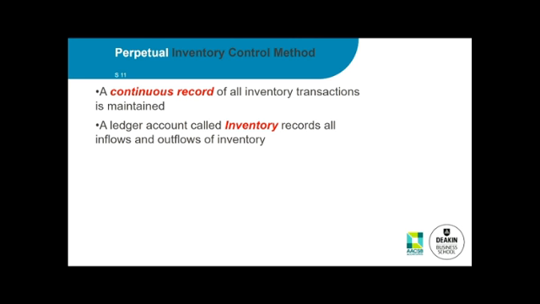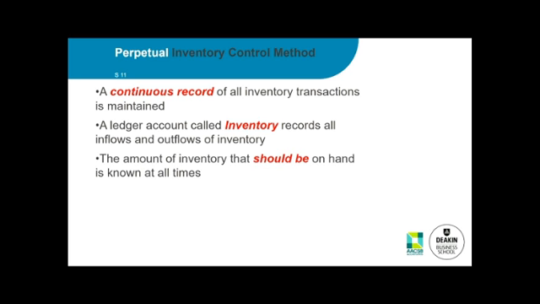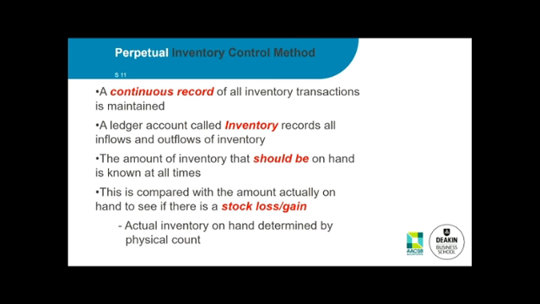The good thing about it is that at any point, after every single transaction, you know how much inventory you should have on hand. So that's quite useful, right? The amount of inventory that should be on hand is known at all times. This is compared with the amount actually on hand to recognize any loss or gain.